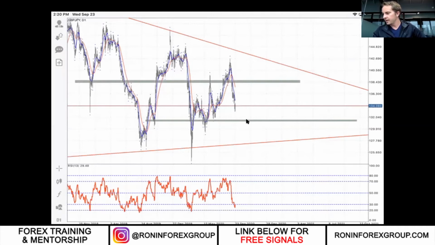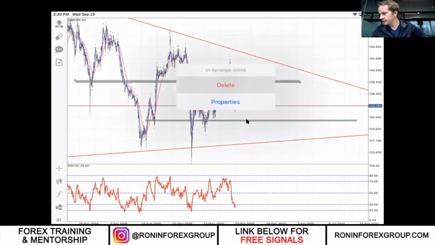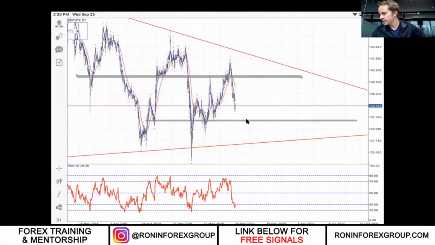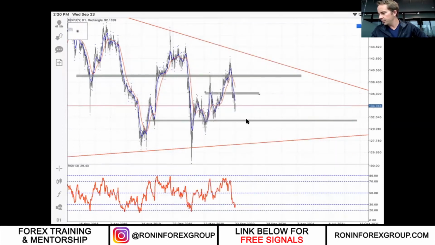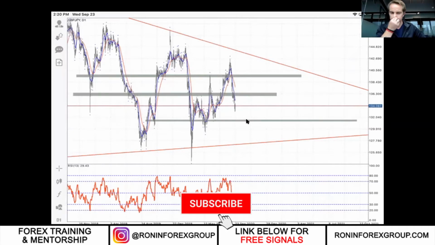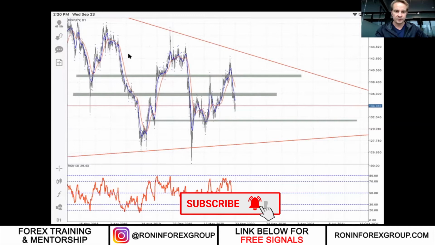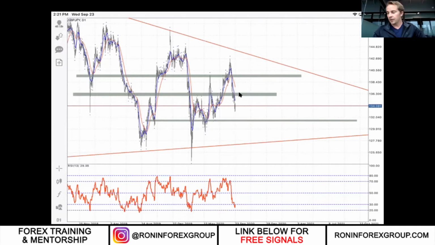These major, significant areas are a technique I teach my funding students, how to find and pinpoint them in the market. It's just areas where support became resistance, and you get significant moves through there.